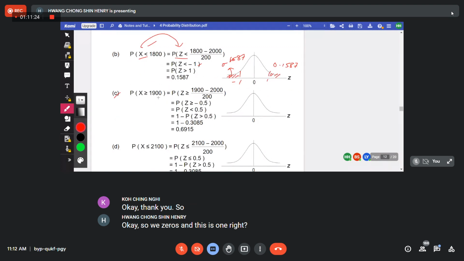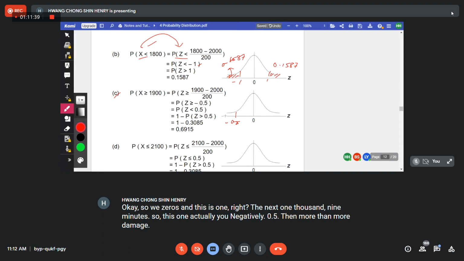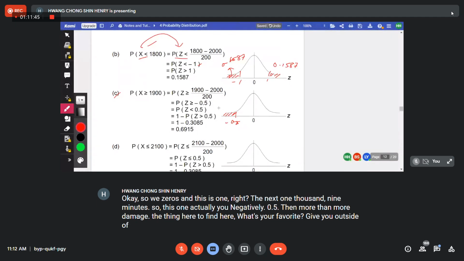Alright, the next one: 1009 minus 2000 divided by 200 is negative 0.5. So this one you can mark as negative 0.5. Then more than means what? First thing you have to find, because your table gives you the outside, 0.3085.